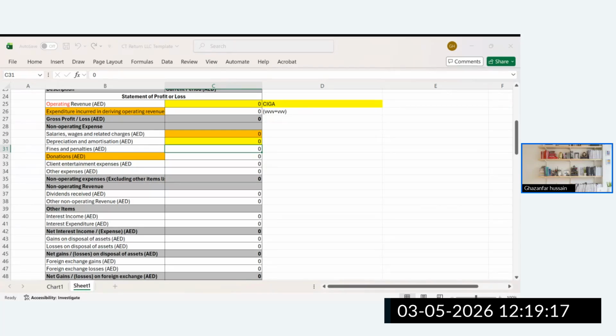Please look into that. So, next figure: hope you have taken that next figure, that is the fines and penalties. Hope you searched for the fines and penalties. Has anybody found the figures?